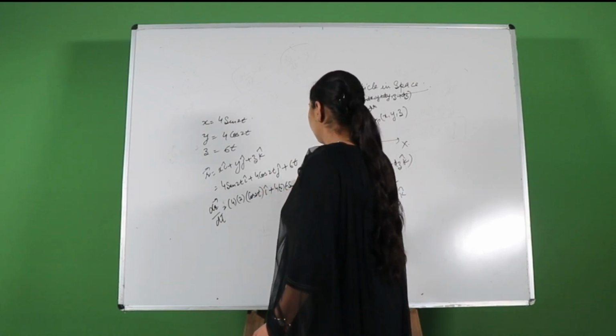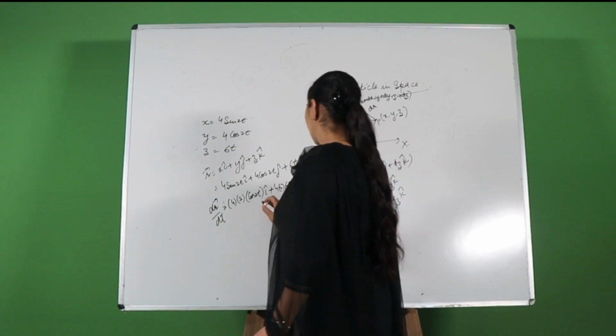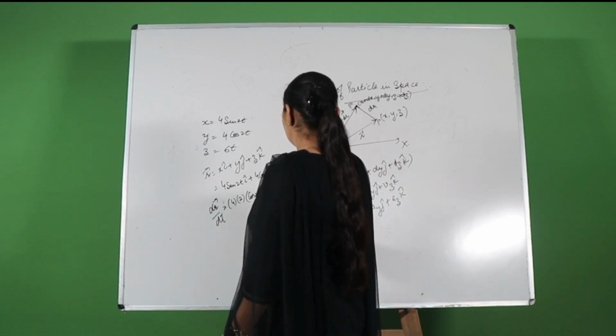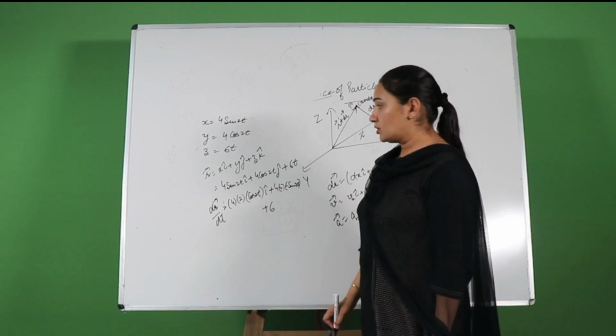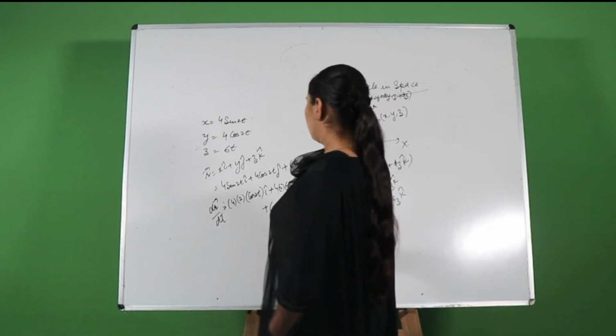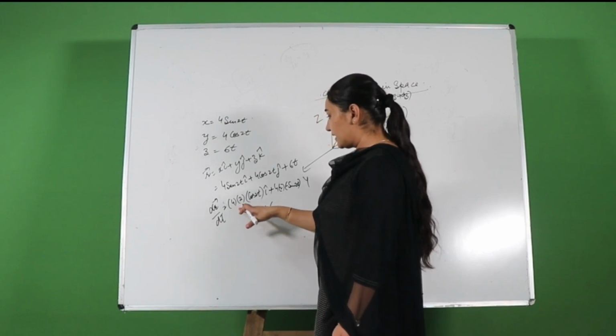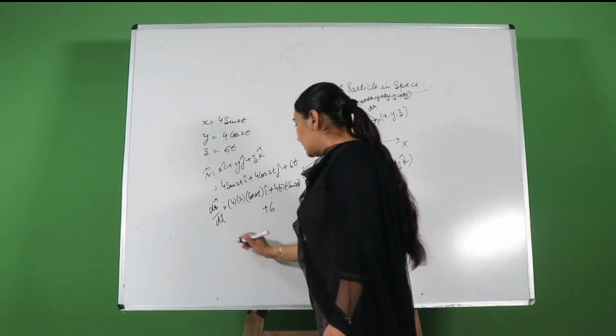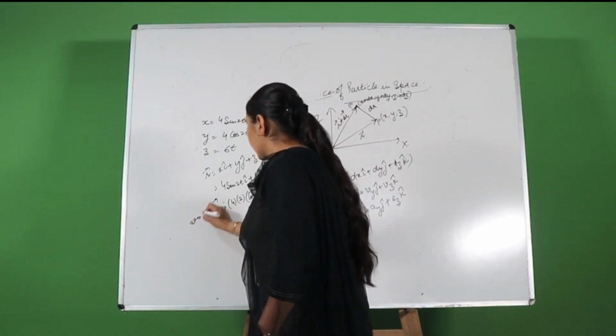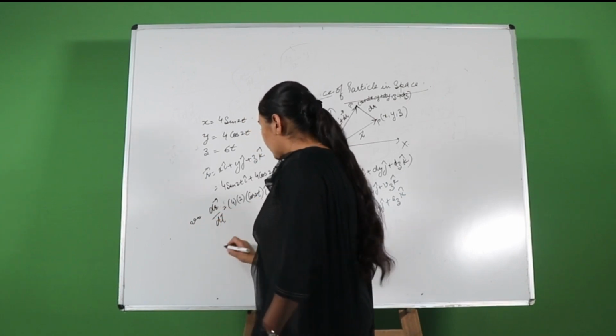It will give me minus 2 sine 2t j cap plus 0. Let us suppose the value of t is 1, or we need not have a value, we can just have an answer in terms of t. Now this will give me velocity if I solve it.